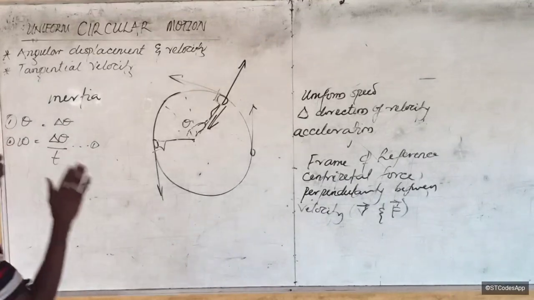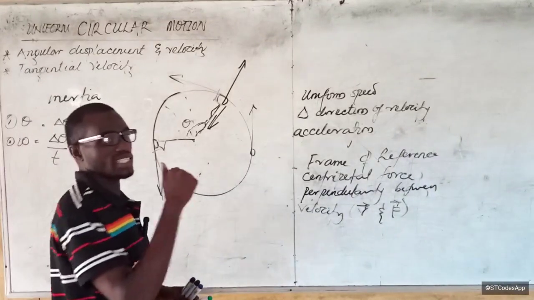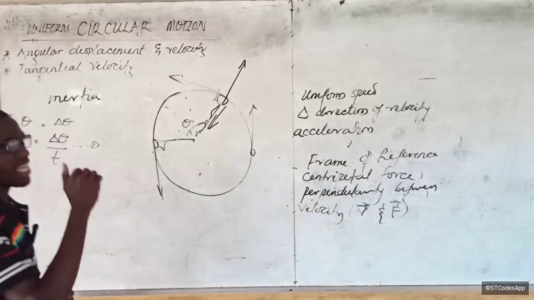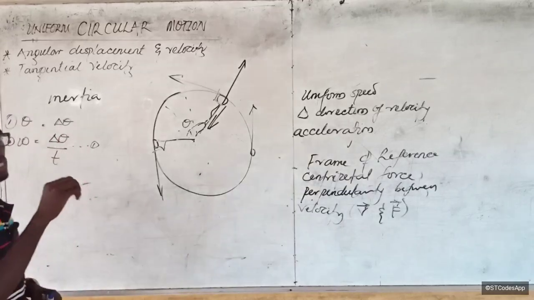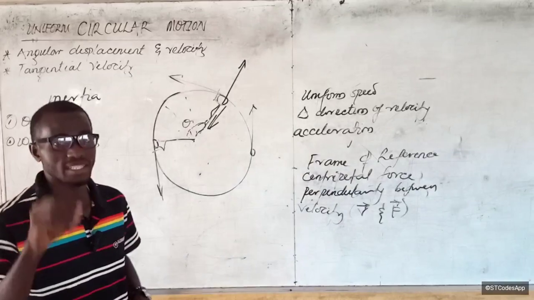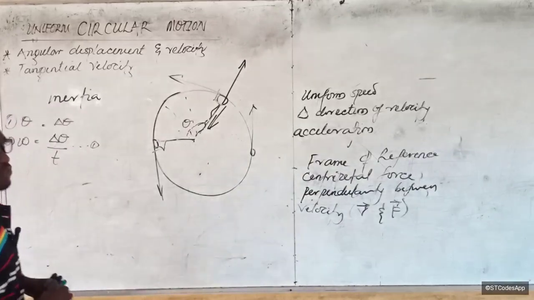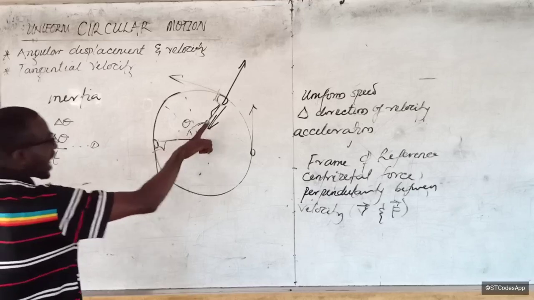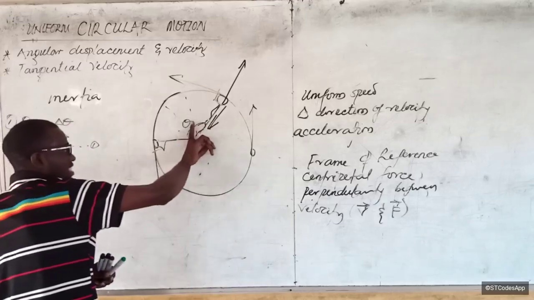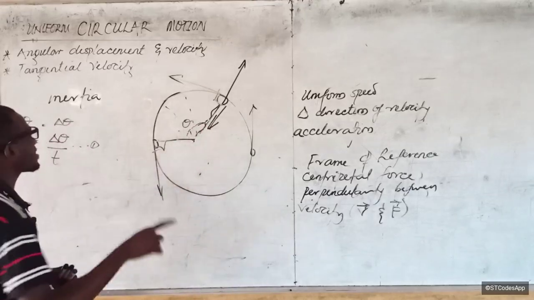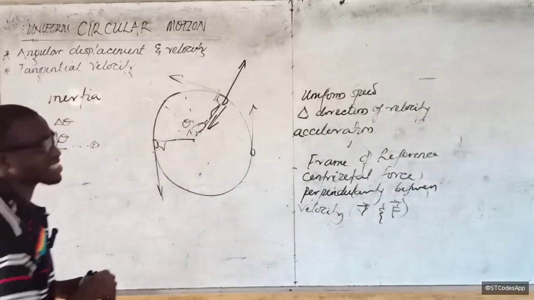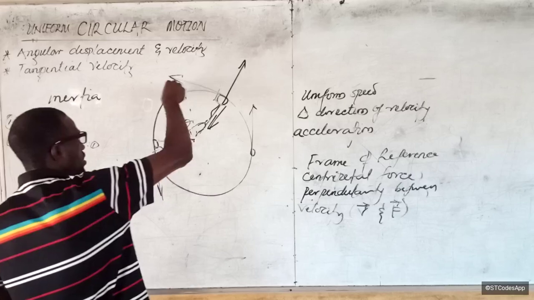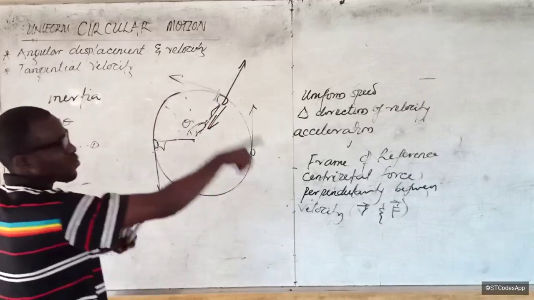Now there's something also called the tangential velocity of the body. The tangential velocity of the body is essentially different from the angular velocity of that body. The angular velocity is the amount of angle that it is covering per time, while the tangential velocity is the velocity that this body is experiencing along its path.